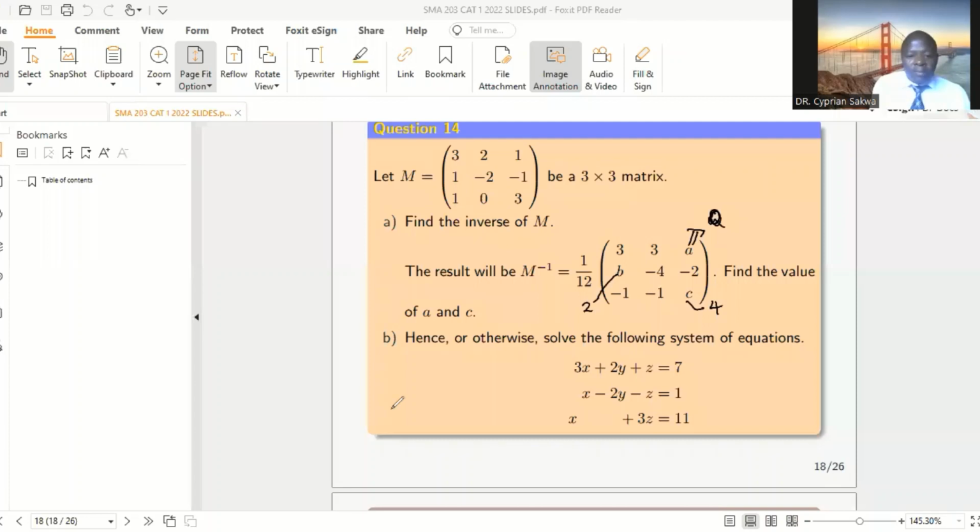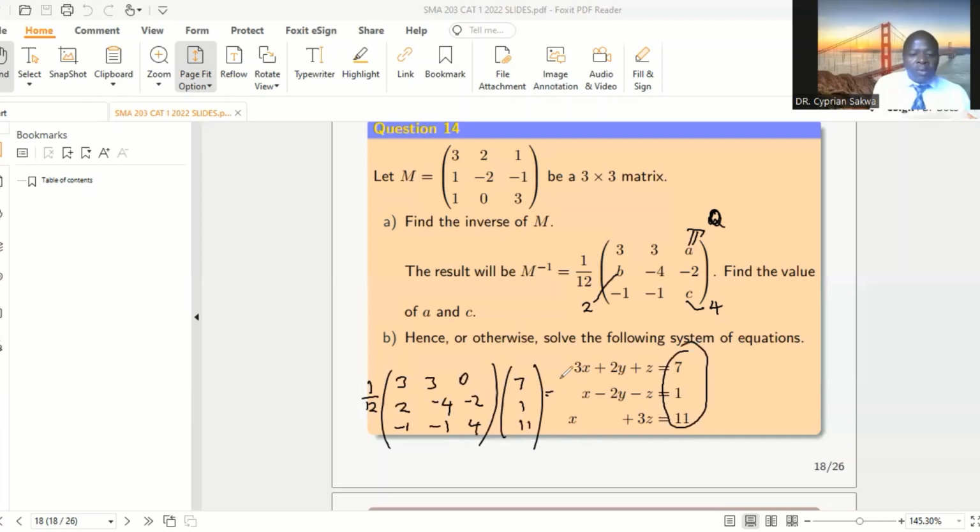Once you have the inverse, which is 1 out of 12 into 3, 3, 0, 2, negative 4, negative 2, negative 1, negative 1, 4, just multiply this by what you have there.